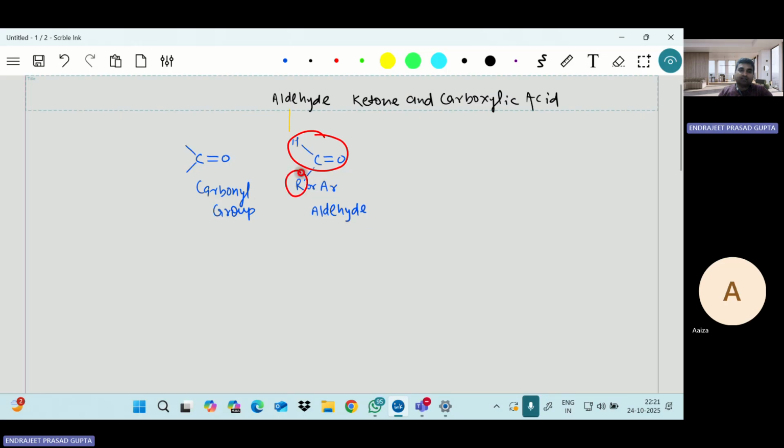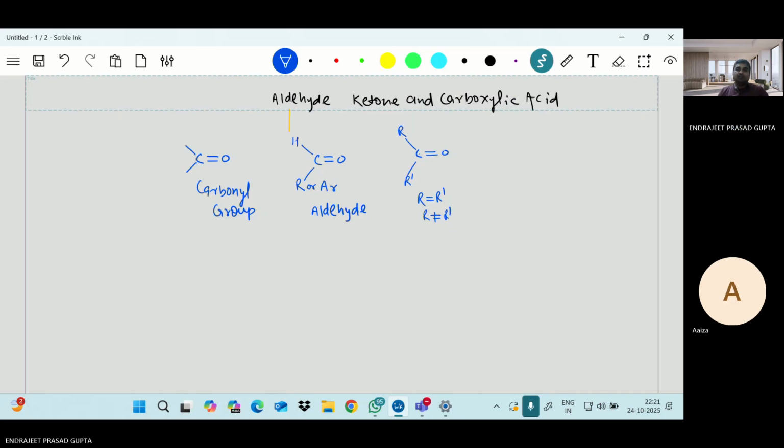And if there is one carbon chain, so this is aldehyde. If there are two side carbon chains, so this will be ketone. If you are writing C double bond O carbonyl group, and this side carbon chain and this side also carbon chain, R may be equal to R dash or not equal to R dash.